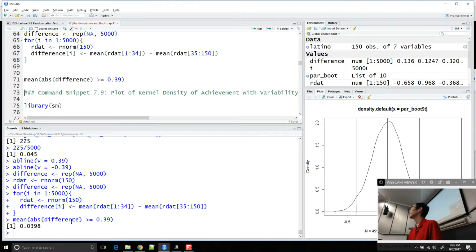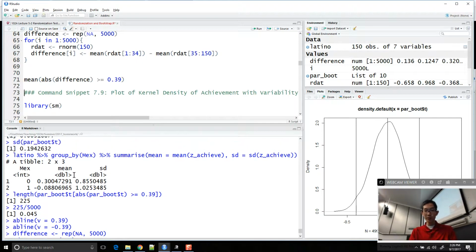Where did you get 0.39 again? So 0.39 is coming from when I summarized my data, after I turned everything into z-scores. I took my achievement column and turned everything into z-scores, then summarized it and asked what's the average z-score for achievement for the non-Mexico group, and what's the average z-score for the achievement column in the Mexico group.